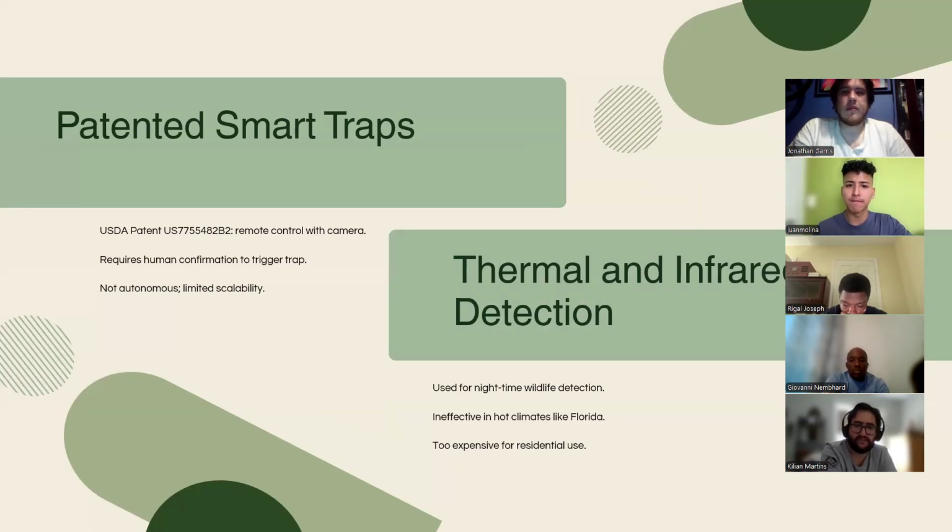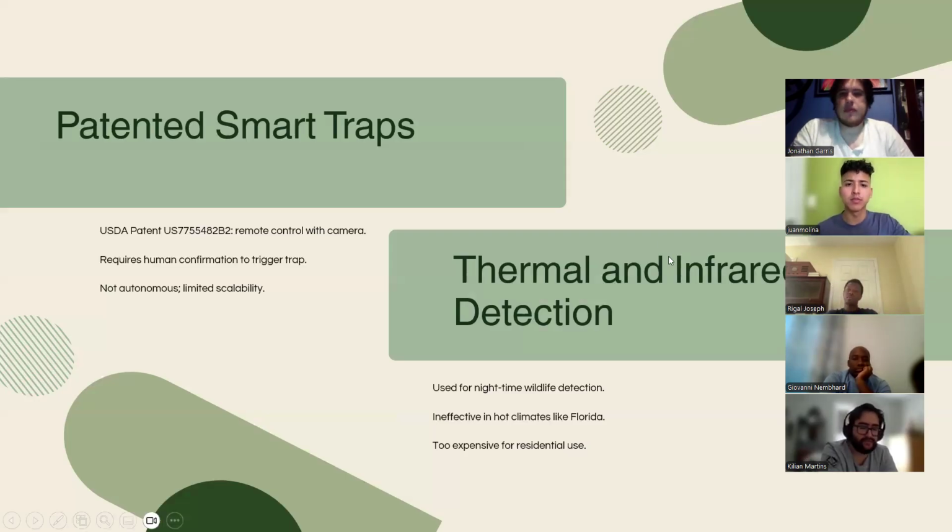There's also thermal imaging products out there, specifically for cameras that use thermal imaging, mostly for nighttime use. And this will not work as well here, especially in Florida, because it's not great for hotter climates.